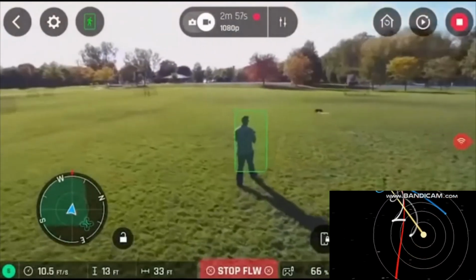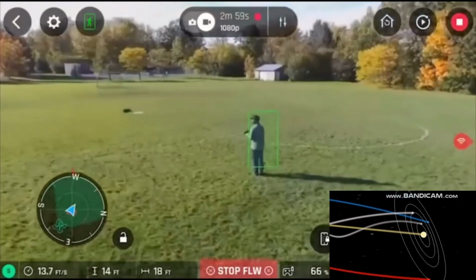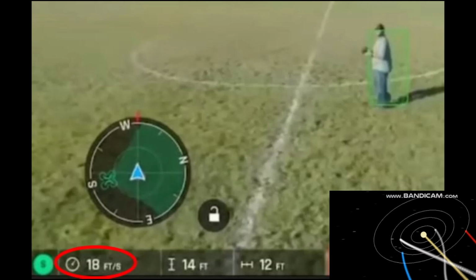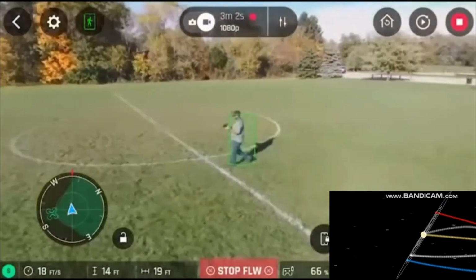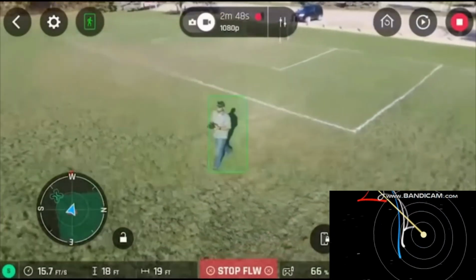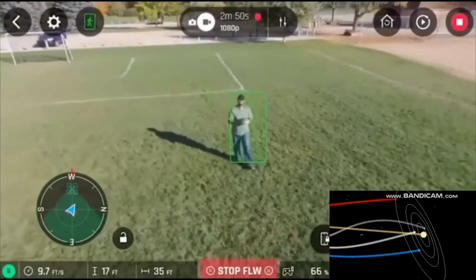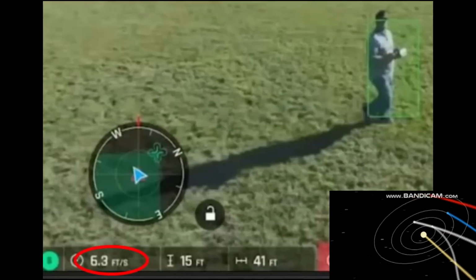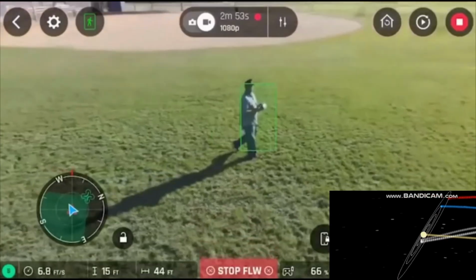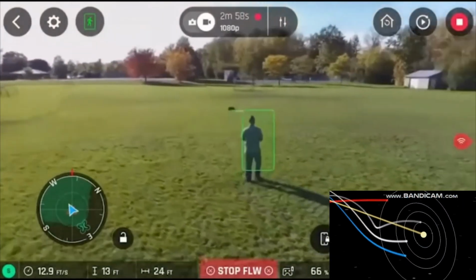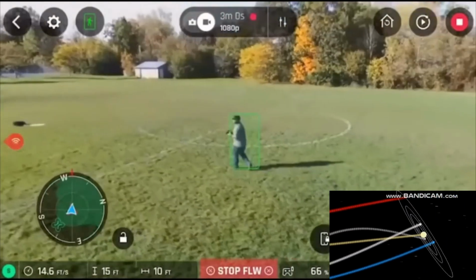I just so happen to be tracking myself, so I am orbiting myself.